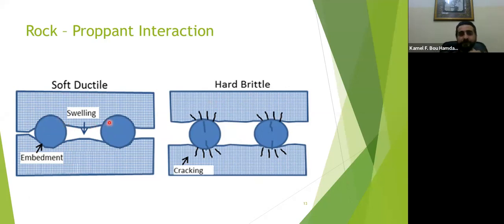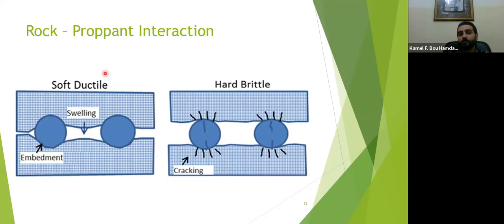If this is happening, what happens to our fracture conductivity? Previously, our fracture width was at the edges of the proppant, so it was all of this, the original width. Now our width has decreased probably around half. So our fracture conductivity has been highly damaged.